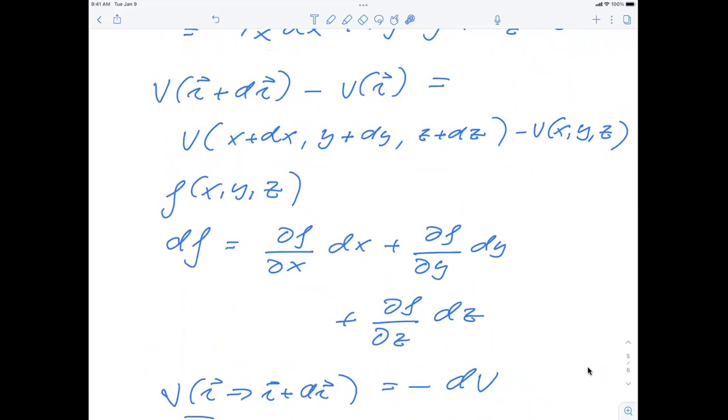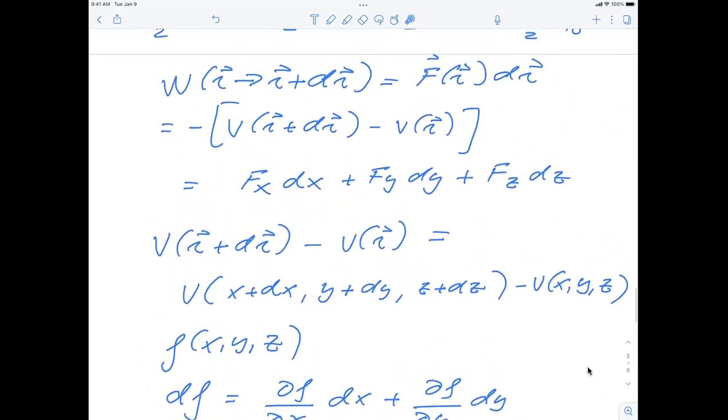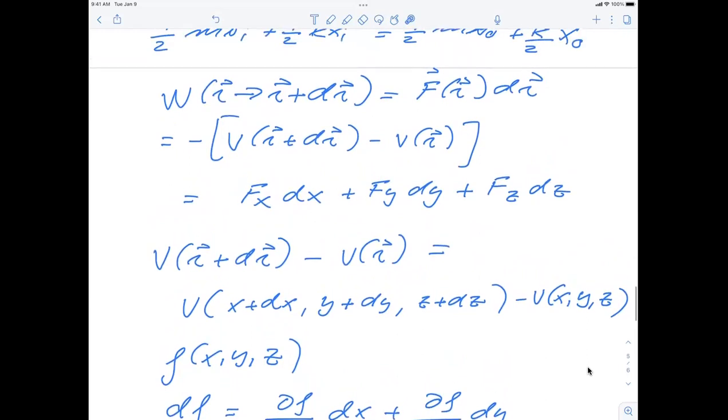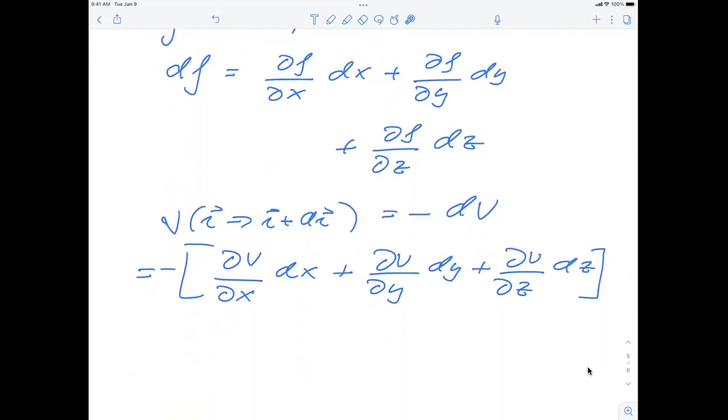And then I bring up the definition of a function and the line element here. By going back, I know that V of R plus dR minus V of R is equal to the force multiplied with this displacement. So I'm going to take these elements and equate them to what we have down here.